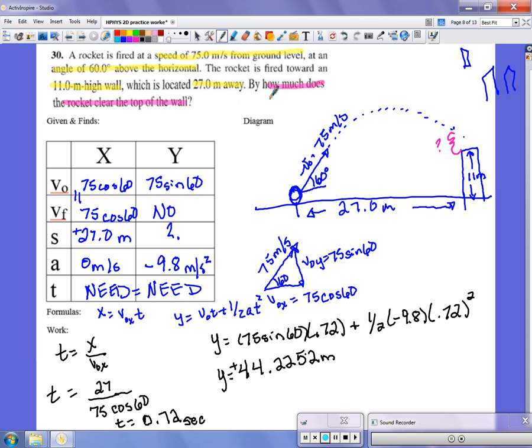Again, my final answer for y displacement would be 44.22, but careful, that's not what they asked. They asked, how much does the rocket clear the top of the wall? So for clearance, I have to take my y displacement minus the height of the wall.